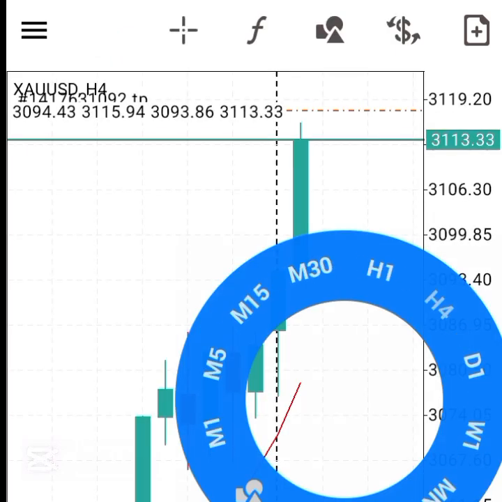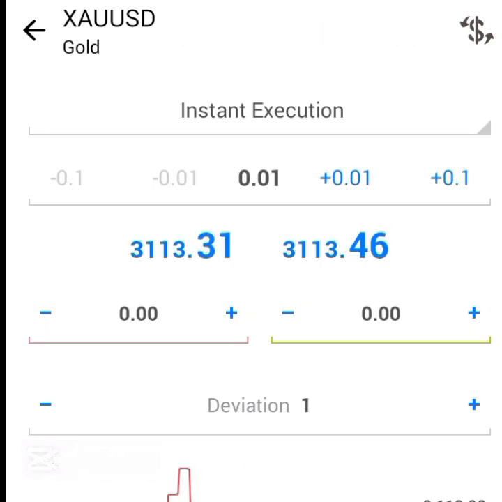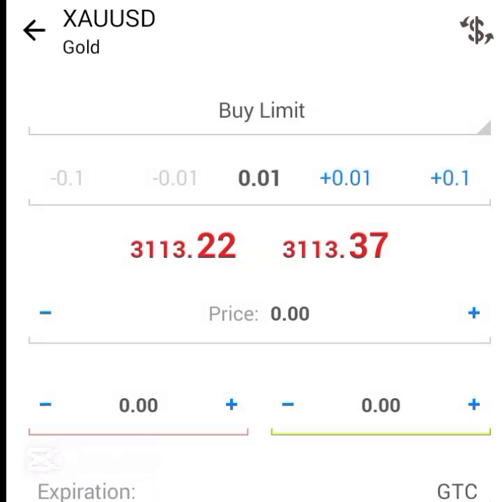Let me switch this now. Let's say the buy limit now is to buy at 3108, between 3108 and 3105. So I will just set buy limit 3108.